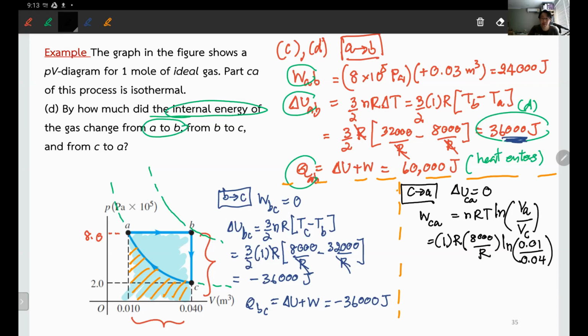And as you can see, it's automatically negative, because the log of 1 over 4, which is less than 1, is definitely negative. Once again, R cancels nicely. So it's going to be negative 8,000 log 4. Just leave it there. I just turned log 1 over 4 into negative log 4. That's all.